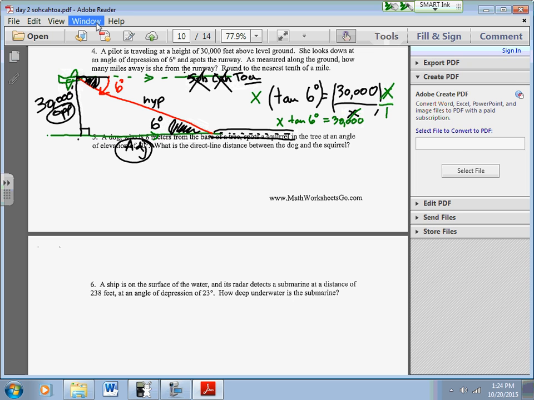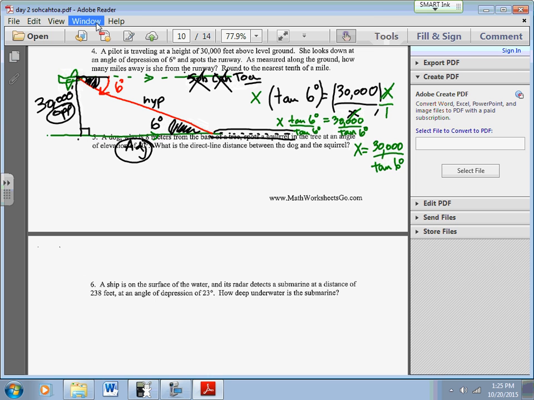Now, divide by tangent of 6 degrees on both sides. And you see that you get x by itself now? So x is equal to 30,000 divided by the tangent of 6 degrees.